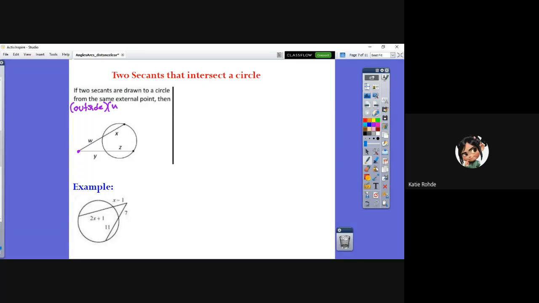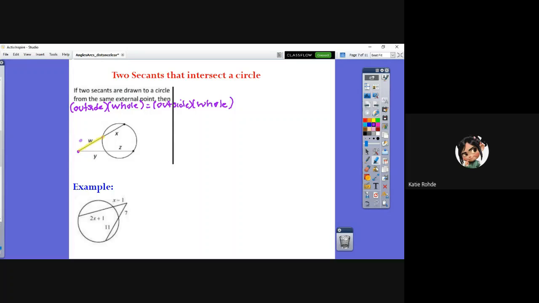times the whole thing equals the other outside piece times the whole thing. So if we use our letters from our example here, or from our definition here, our outside piece is this segment here.